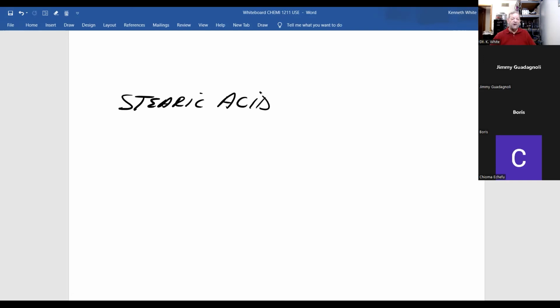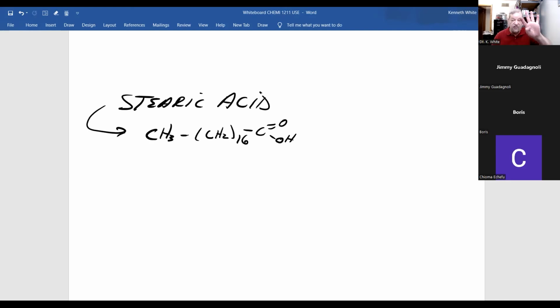This is probably one of the widely used saturated fatty acids, and you should know the structure. Now, unlike in the past, I'm going to use the parentheses to show a repeating unit because I'm not going to spend all your time watching me write 16 CH2s. This is the structure of stearic acid.